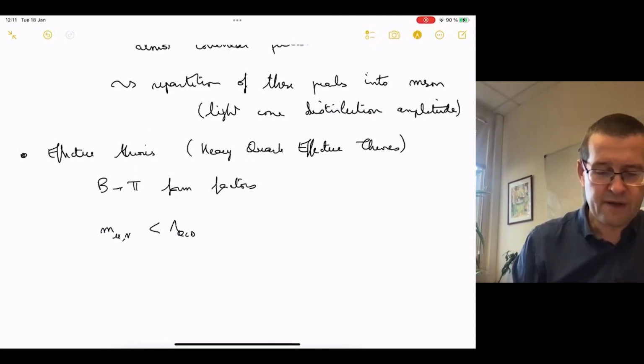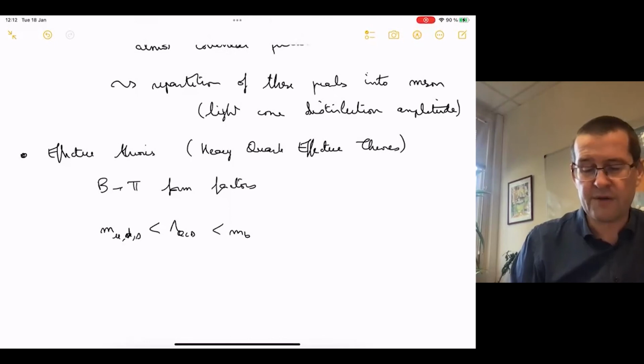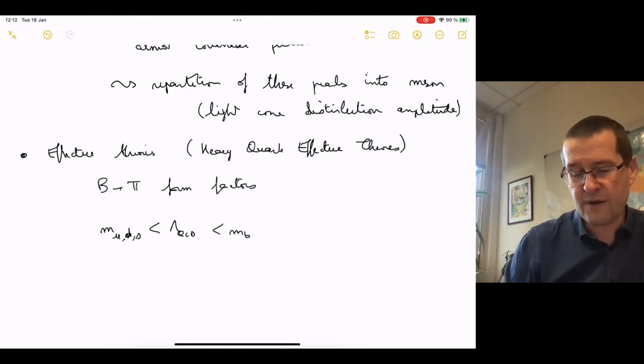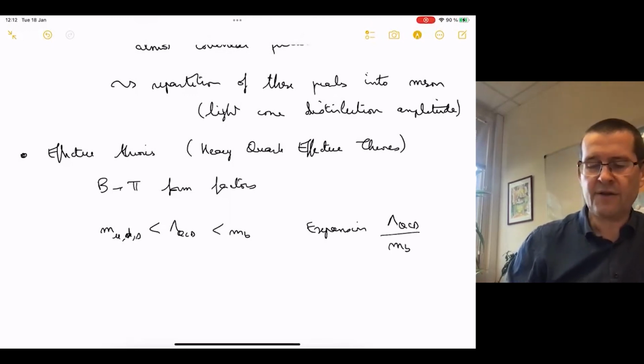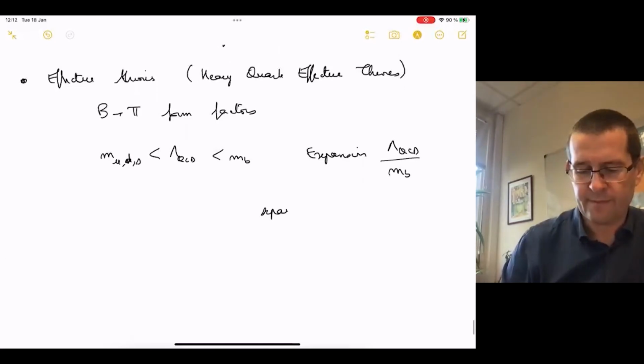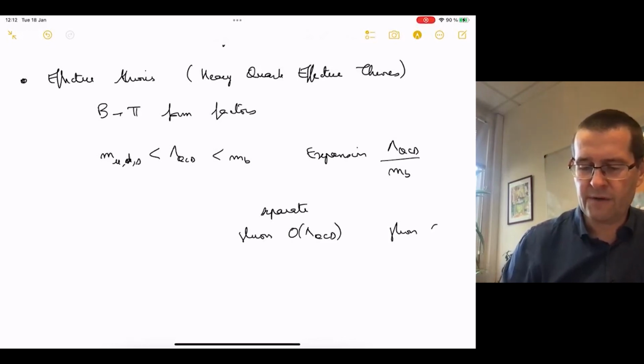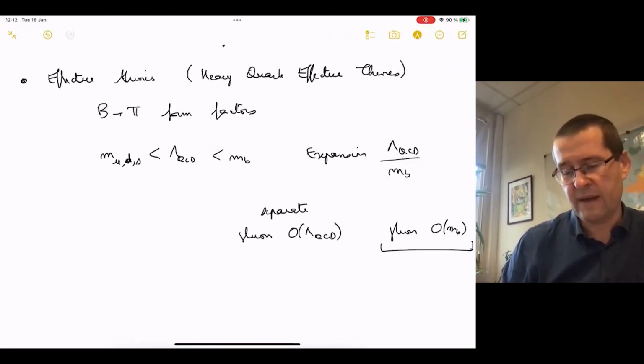I've got my light quarks that are present, but clearly m_b at least is very large compared to lambda QCD. So I can still try to do some kind of expansion and separate gluons of order lambda QCD and gluons of order m_b. And those ones, I can still treat perturbatively.